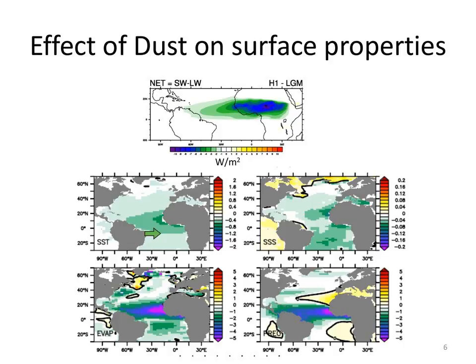Then in UVic we see generally a cooling of about 0.6 degrees Celsius, and also a freshening in the North Atlantic due to both decreasing evaporation from the cooling and decreasing precipitation.